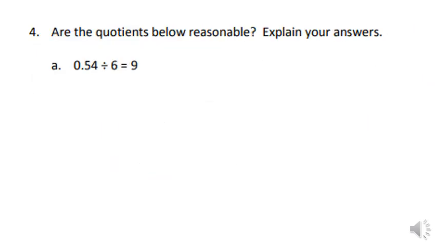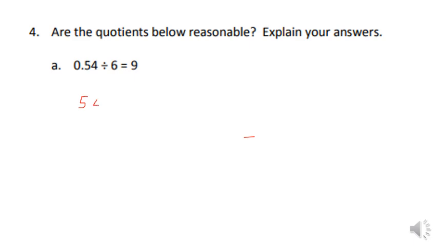Question number 4. Are the quotients below reasonable? Explain your answers. Okay. Well, once again, I'm going to use unit form, just because it's easier to visualize. I can see this here is 54 hundredths.